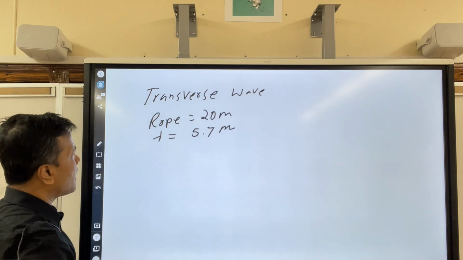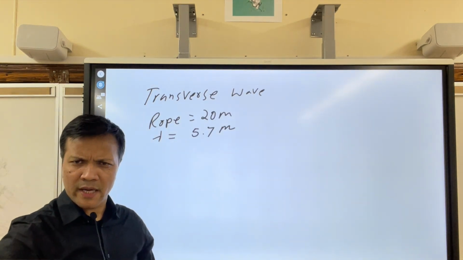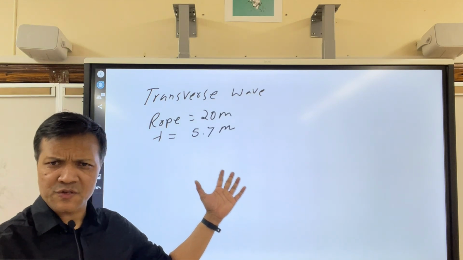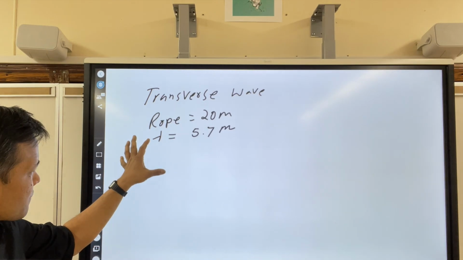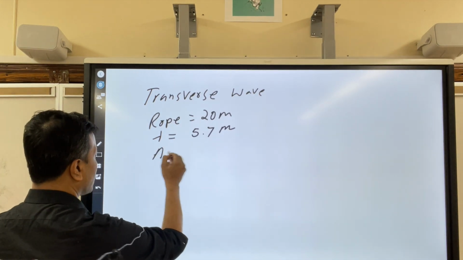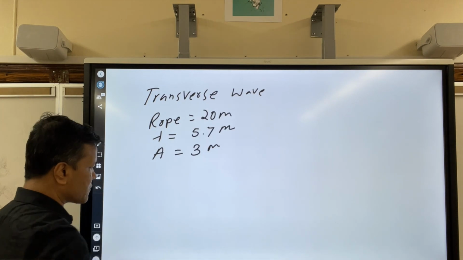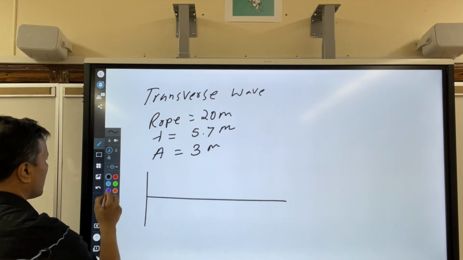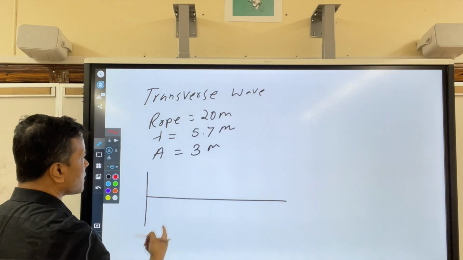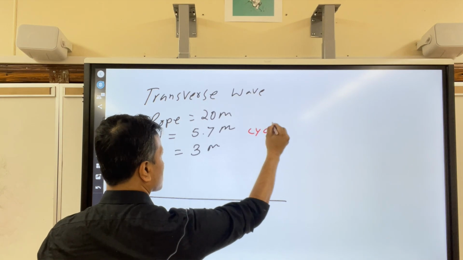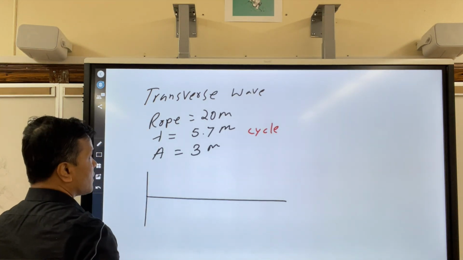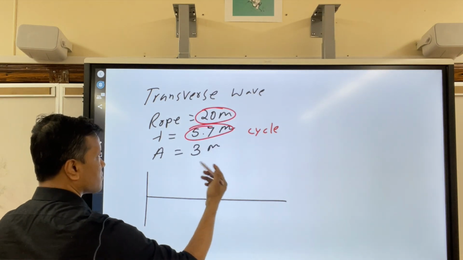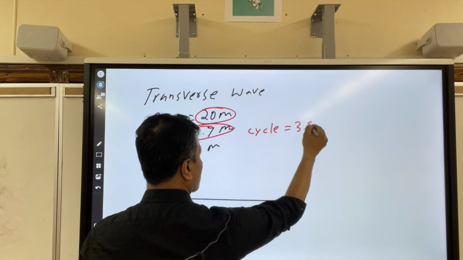Go ahead, pause the video and construct a transverse wave using this information. You can use an amplitude of 3 meters. So let's do it. How many cycles? Let's find out. How can you find the number of cycles? 20 divided by 5.7 is 3.5. So 3.5 cycles.